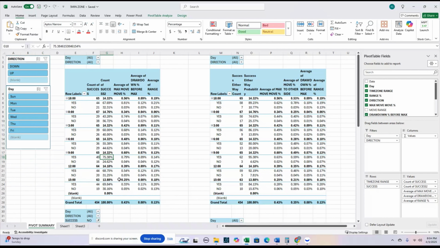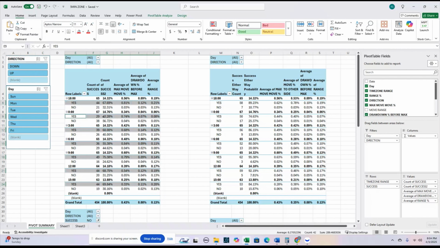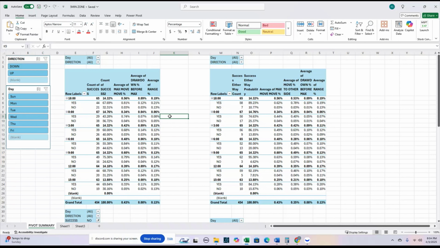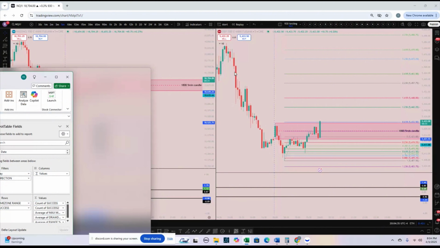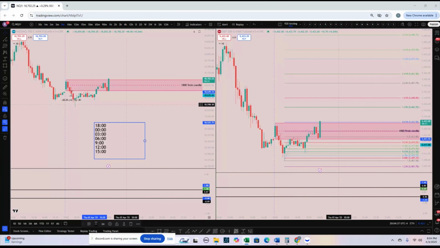Your 9 o'clock is your highest percentage, then your 12 o'clock, your 3 p.m., and then your 1800. Midnight is the worst performing one, which makes sense because midnight typically has the smallest 5 minute zone, and so typically we run both sides a lot.